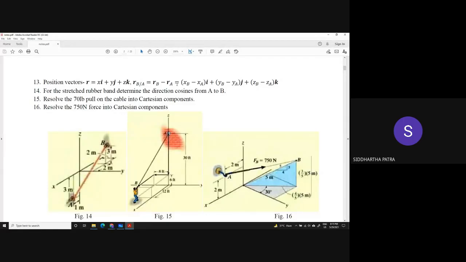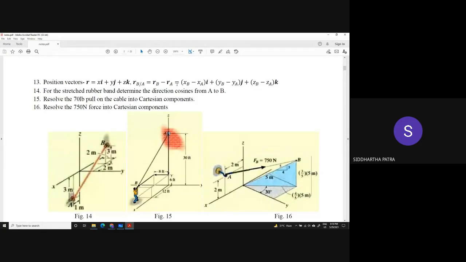For example, look at figure 15. If there is a hook attached to the wall and you attach a string to it and pull the other end, the tension in the string passes along the string itself. So you can figure out the direction from the locations A and B.